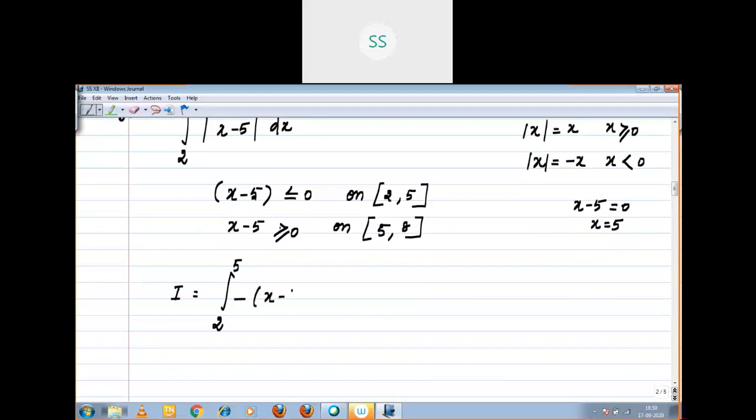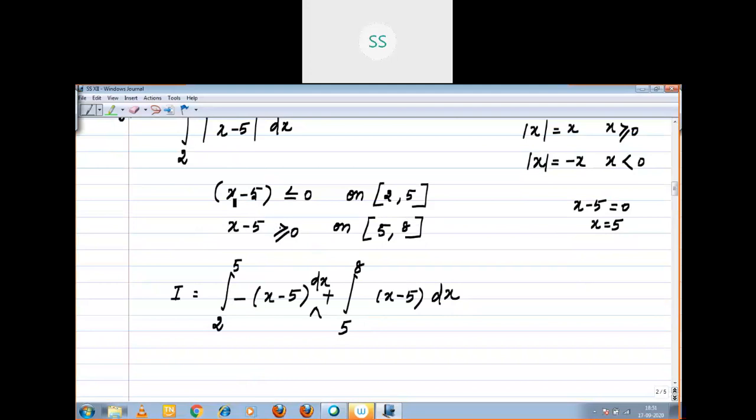Using this, I am going to write the given integrand in the simplest form. You have to listen. I equal to integral 2 to 5 minus of x minus 5, plus integral 5 to 8 x minus 5 into dx, right?